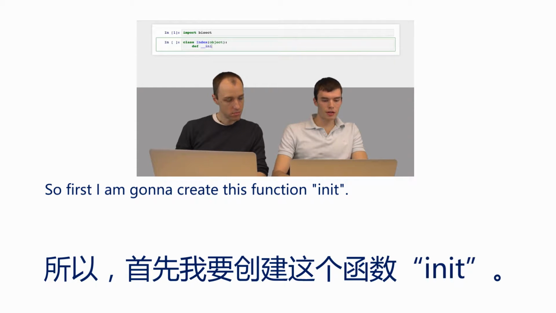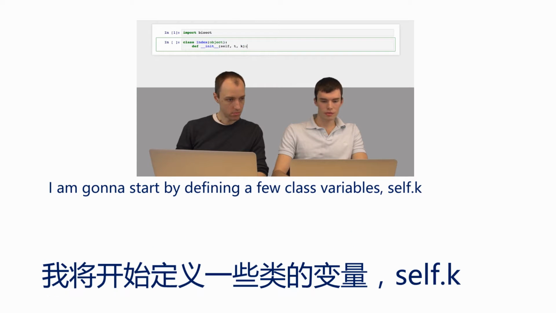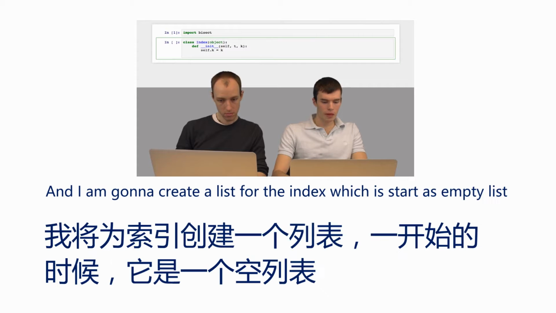So first I'm going to create this function init. I'm going to pass in a text t and a k-mer length k. I'm going to start by defining a few class variables. So I'm going to set k to be equal to the k that's passed in. And I'm going to create a list for the index, which is going to start off as an empty list.